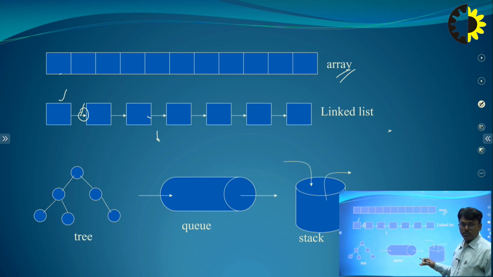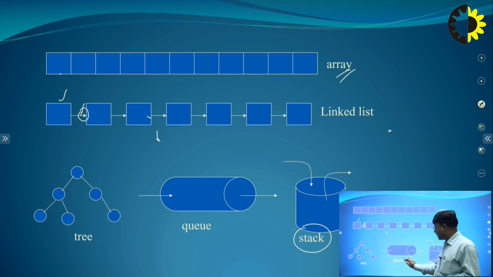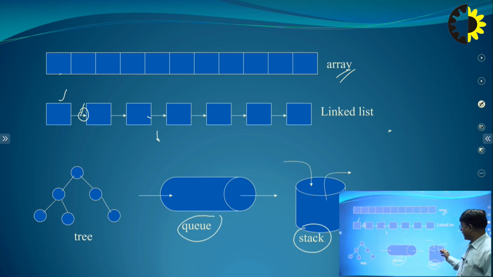Now if we come to another linear data structure, it is stack and queue. In case of stack, it is last in first out. Whatever data we insert will always come from the top of the stack.